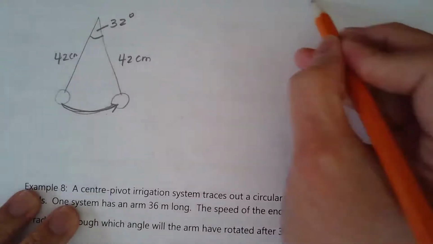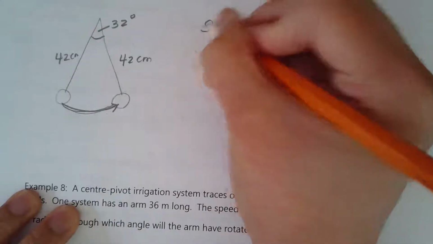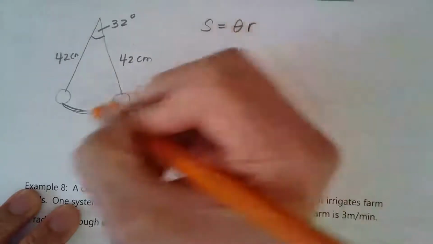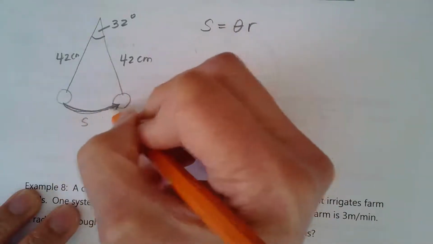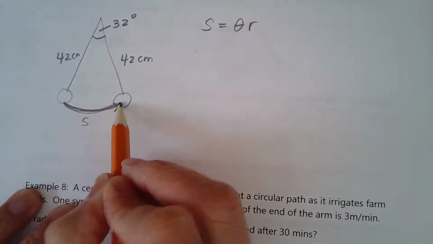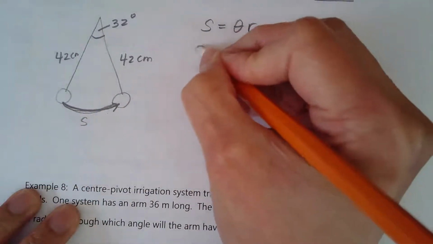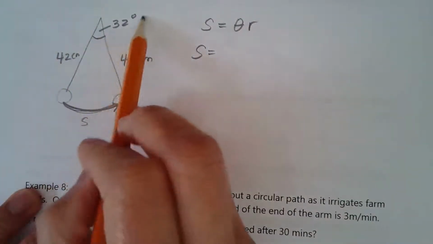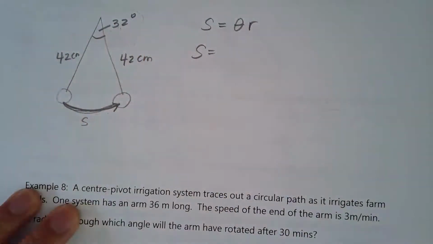And it says here to the nearest tenth. So S is equal to theta times R. So this is what we're trying to figure out. One complete swing, run this way. Now, again, 32 degrees, we have to do a little bit of changing there.